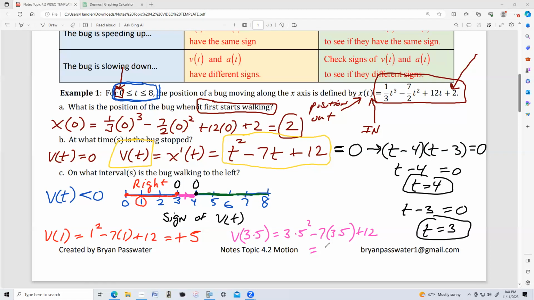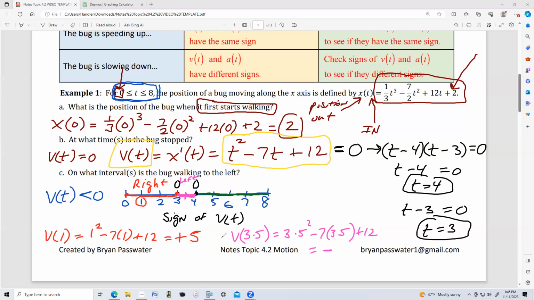You end up with a negative. Okay, you get a negative something. And the fact that it comes out as negative, and we're talking about velocity, negative velocity means that the bug or the object is moving to the left. So now we know beyond the shadow of a doubt, the bug is moving to the left between time 3 and time 4.